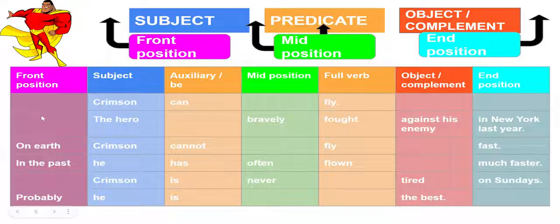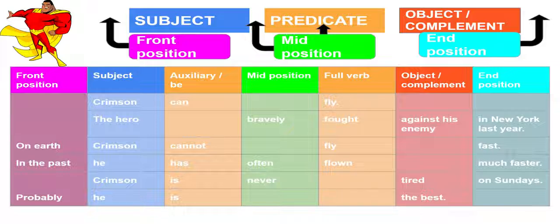So let's come to the first real sentence with adverbs. The hero bravely fought against his enemy in New York last year. So you can see mid position here is occupied by an adverb of manner, and this means the adverb of manner comes right before the full verb.